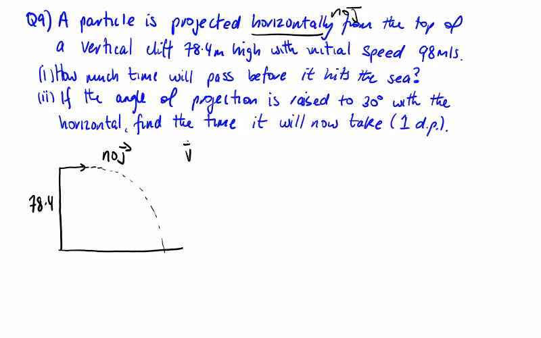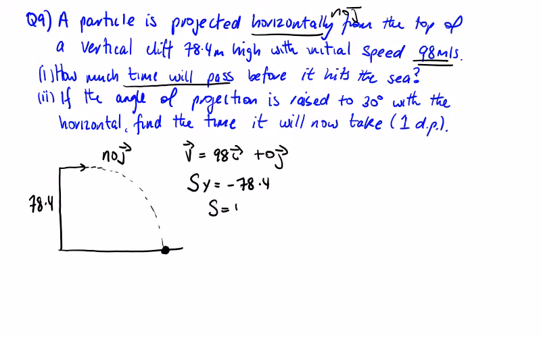So my initial velocity vector is going to be the speed 98 in the i direction plus 0 in the j direction. And it's 78.4 meters high. So how much time will pass? Let's have a look at this. So for the time, we always know we're using S of y is equal to minus 78.4, the time taken to get here, which is what they're asking for, the time.